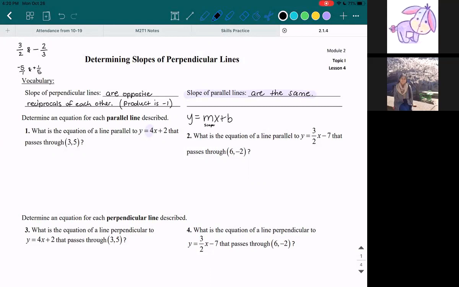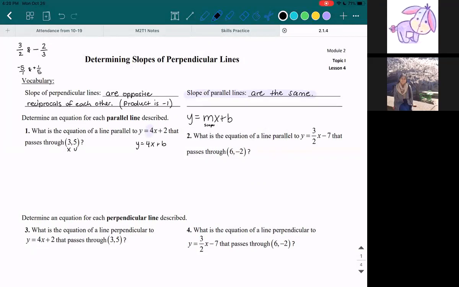Okay, and we're going to keep the slope the same. So y is equal to 4x plus b. We don't know what b is yet, but we do know that our slope should stay the same. Our slope should stay as 4. So I wrote y is equal to mx plus b, where the m is 4, because the slope is the same. And we want it to pass through (3, 5).